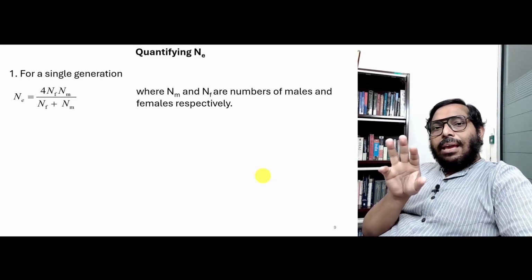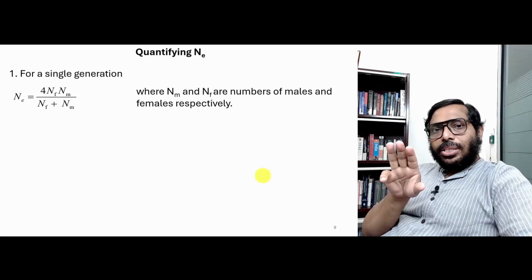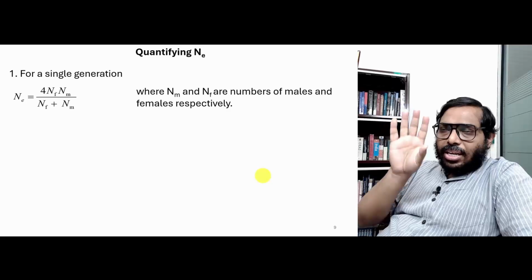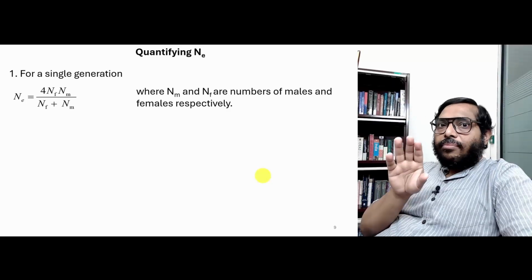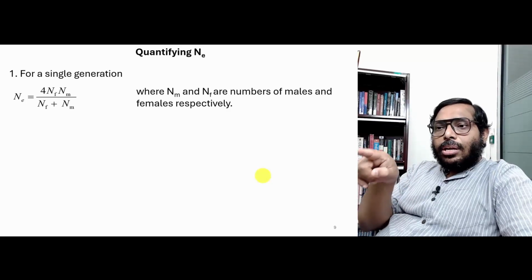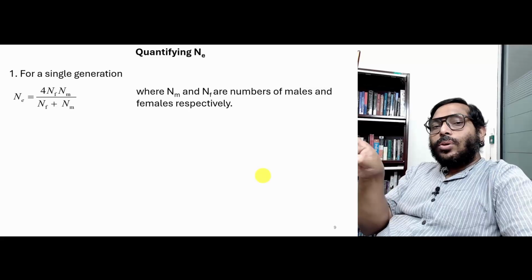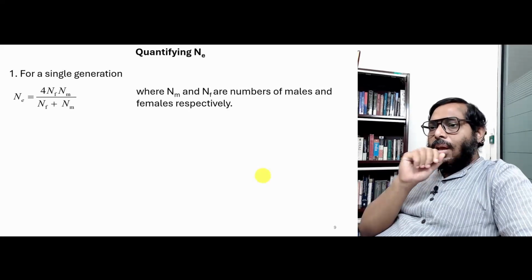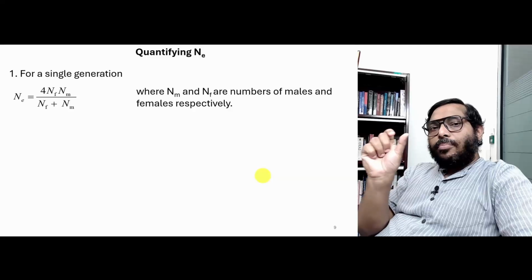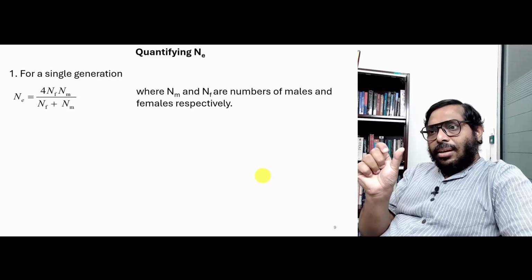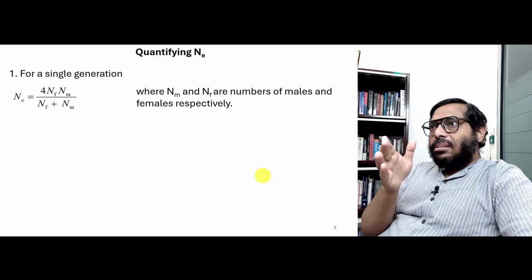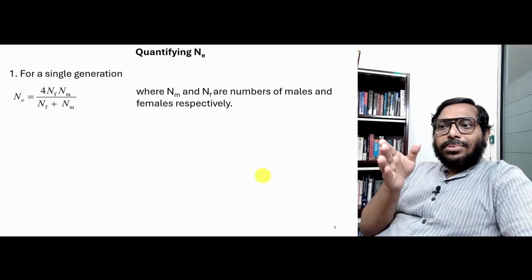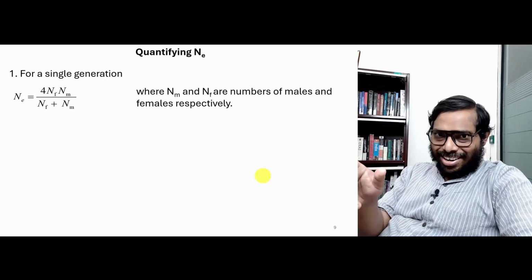Whereas, the same 100 individuals in the population, instead of having say 90 plus 10, if you have say 50-50, then the product on the top becomes 50 times 50, 2500. Of course, multiplied by 4 and so on, but the product in the numerator becomes large, whereas if it is say 90 plus 10, it becomes 90 times 10 equal to 900, right.